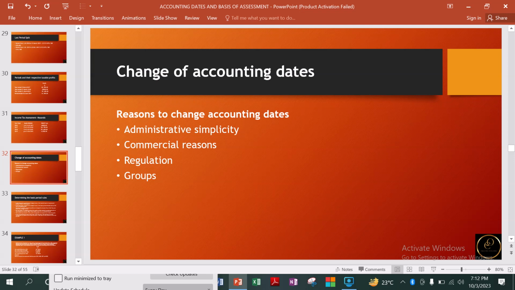And if that is the time when the business is at peak, you might end up losing revenue or income. So for commercial reasons, you might think of changing the accounting date so that you don't miss out on encashing on those peak periods, if that is causing you to lose revenue. So that could be the reason why there can be a change of accounting dates.